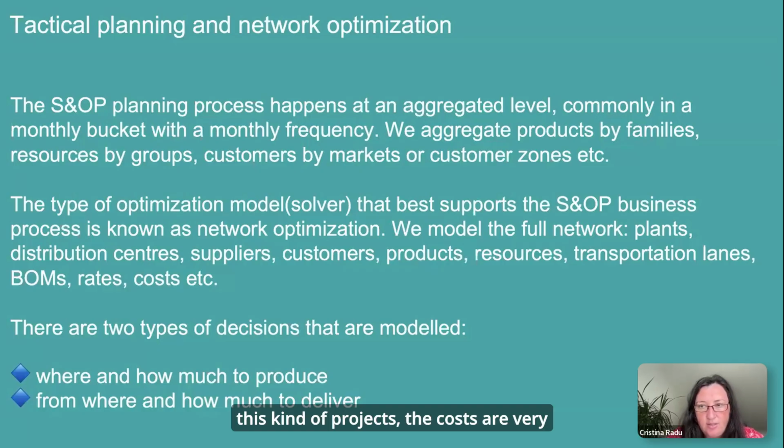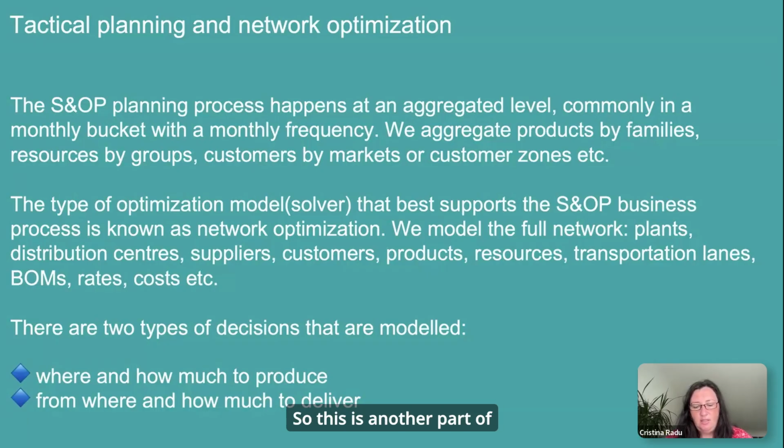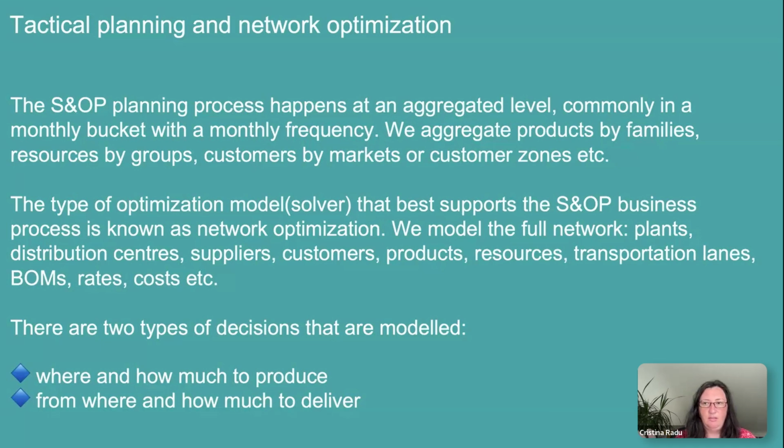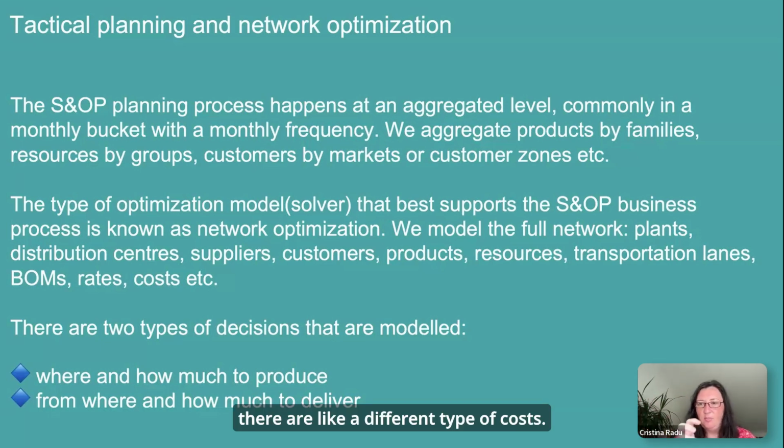and in my experience, in this kind of project, the costs are very hard to get right, even for production, for inventory, the transportation, and so on. So this is another part of the project at the beginning, that you need to aggregate the data, make it coherent, consistent, and get the right costs. Because in each part of the company, there are different types of costs.